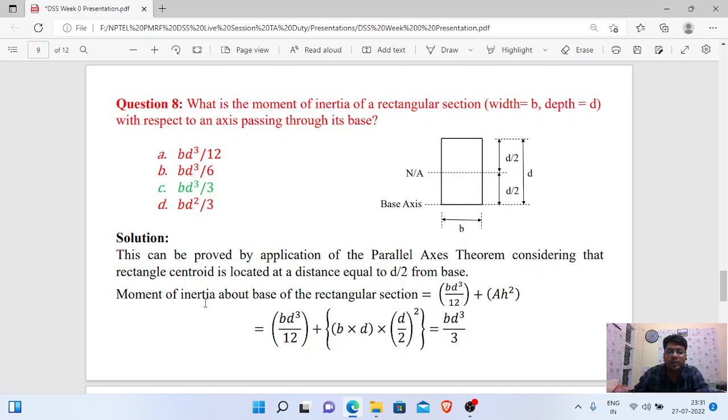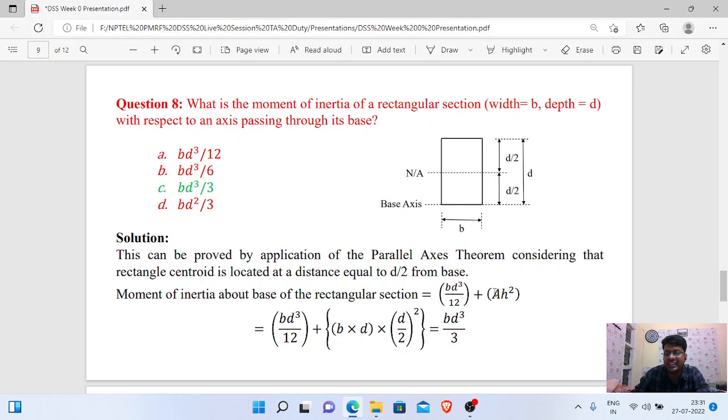So the moment of inertia about the base of the rectangular section, the moment of inertia about this base axis, is equal to the moment of inertia about the neutral axis which is passing through its centroid. So this is bd cube upon 12, we already know this, plus A h square. What is A? A is the cross sectional area of this section.